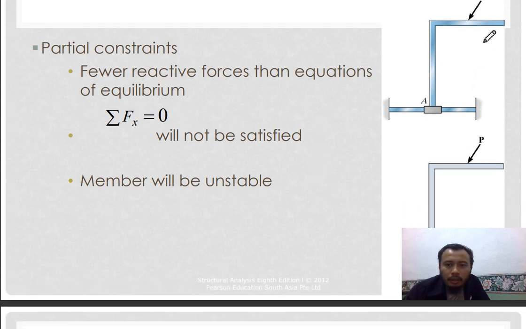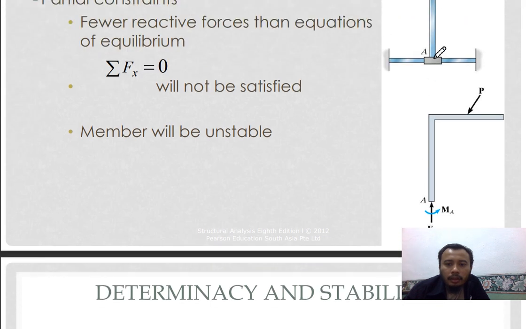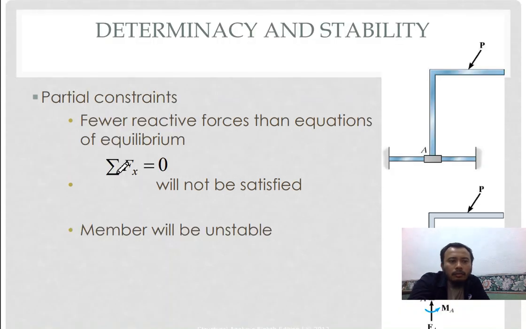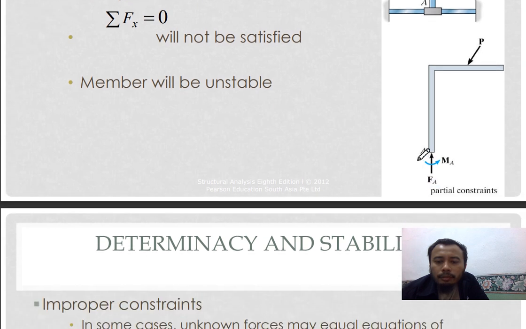Example here, you have a pin here, a fix here. As you can see in the structure here, this support is actually a roller support, because it only restricts movement in moment and also vertical forces.